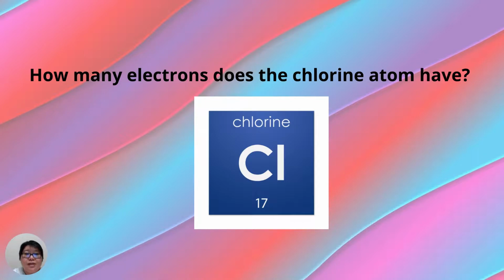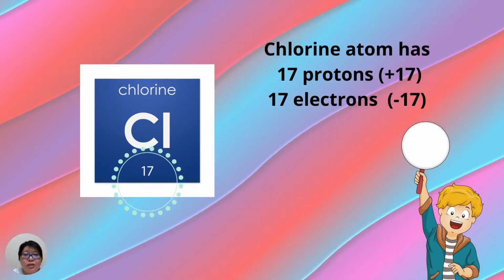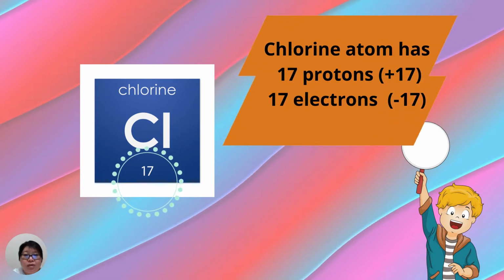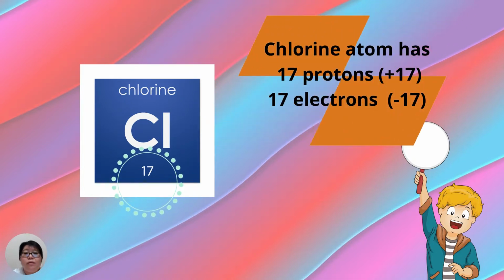What is this? This is the chlorine atom. How many electrons does the chlorine atom have? What are we going to detect from this picture? The 17 shows that the chlorine atom has 17 protons, and at the same time it has 17 electrons. The charge for the proton is positive 17 and the charge for the electrons is negative 17. When you sum this up, it shows a total charge of 0, so the chlorine atom is neutral.